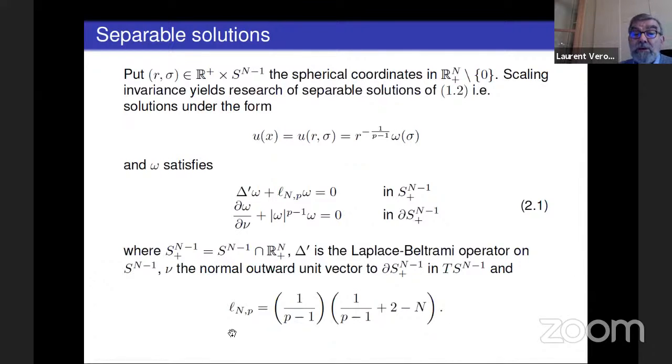After that, what is very important for existence is the value of L_{N,p} with respect to the eigenvalue of the Laplace-Beltrami operator, and this comparison depends exactly on p. So you can always take a harmonic function, write it like this, and you will see that it satisfies the equation.